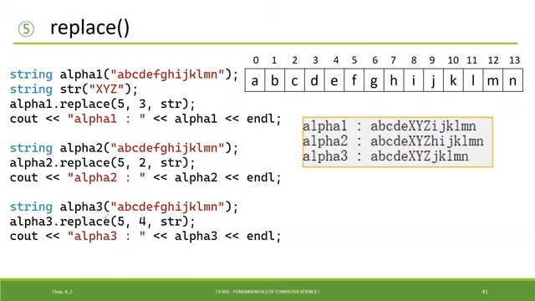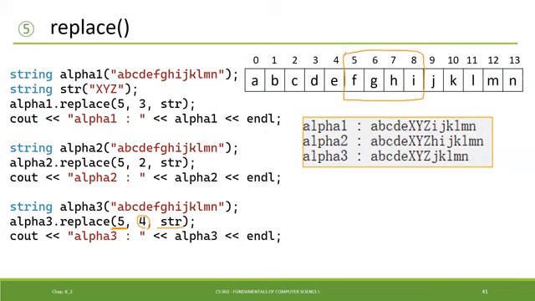Alpha 3, this time replace 4 letters with str, starting at index 5. So 5 here, 1, 2, 3, 4.